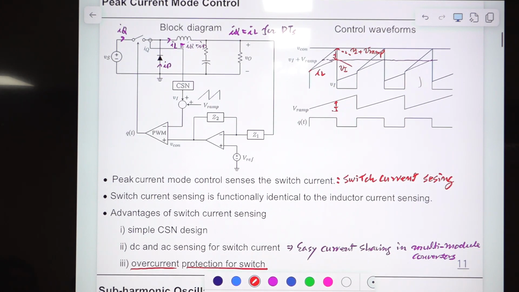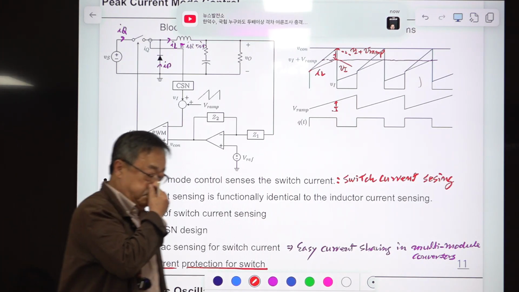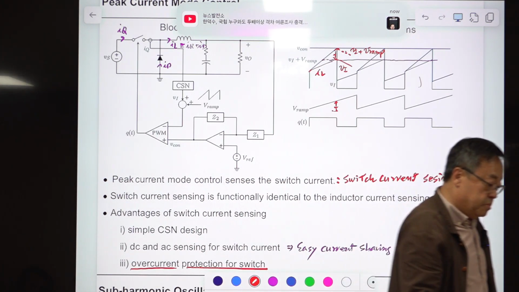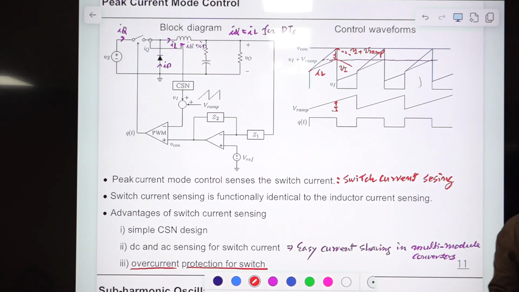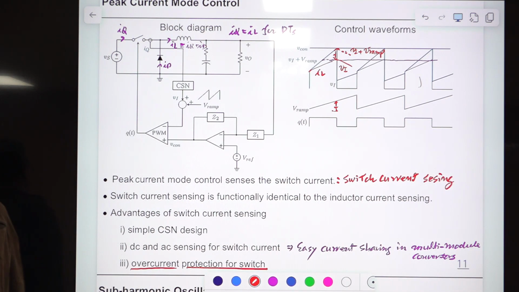Another advantage of this: in many cases, they require a low output voltage, such as 2.1 volts, at a current level of hundreds of amps or even 1,000 amps.